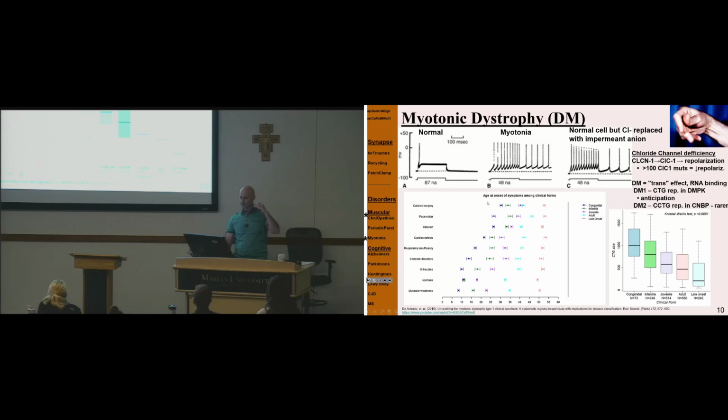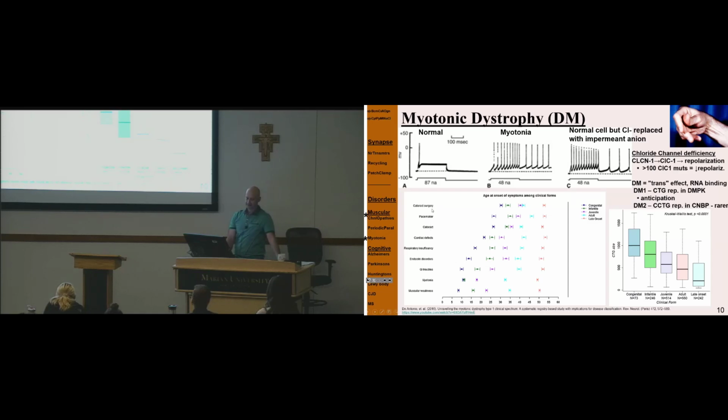On the bottom left graph, the x-axis is age at onset, and the different colored bars are these same binned types of DM: congenital, infantile, juvenile, adult, and late onset. And then you see the deleterious effects they cause: cataract surgery, pacemaker, cataracts.